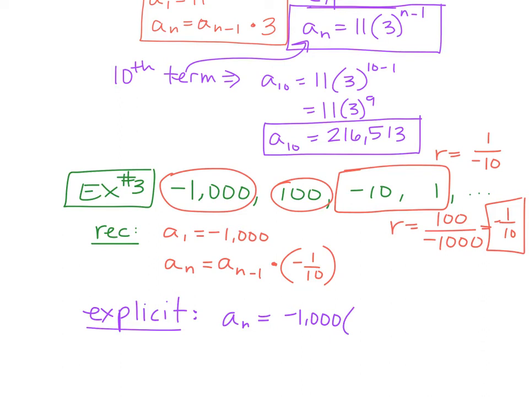What's your r? Negative 1/10. And then what do you do with that? To the n minus 1 power. So if I'm finding the 15th term, what power am I taking that to? 14, right? 15 minus 1. You're just plugging in a 15 for n.